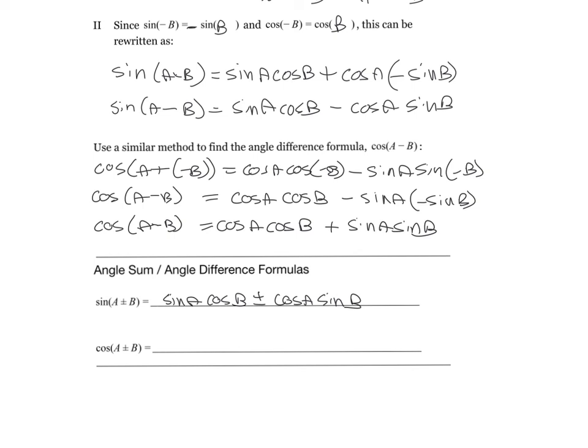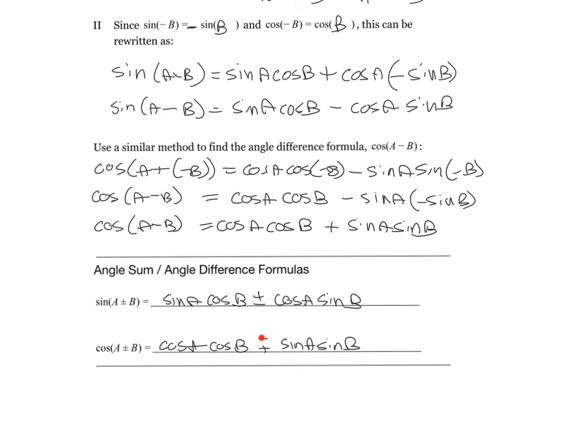Alrighty, now here's the funky part. Cosine of A plus or minus B is cosine of A, cosine of B, minus plus sine of A, sine of B. So, how does this work? Well, if we're taking the cosine of A plus B, we'll do this formula.